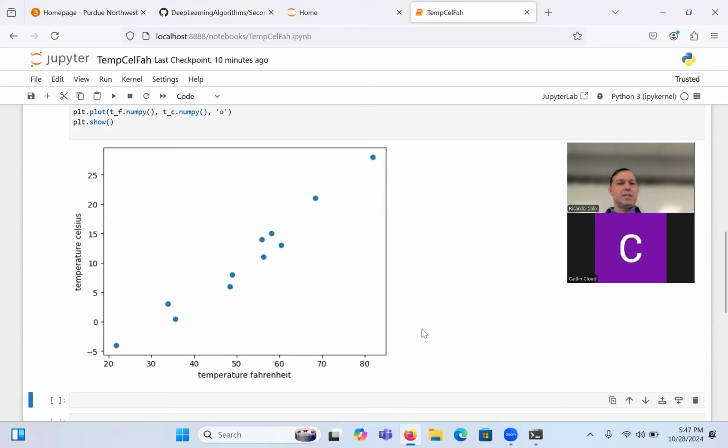Yes, in the 60s. So that's about like 18, maybe 80. It's really hot, like over 25, right? And so on. So you can see basically our data is connecting Fahrenheit to Celsius, okay? And the scale, I think, is correct, right? So 20 Fahrenheit is pretty cold, yeah. All right, so now let's keep going.